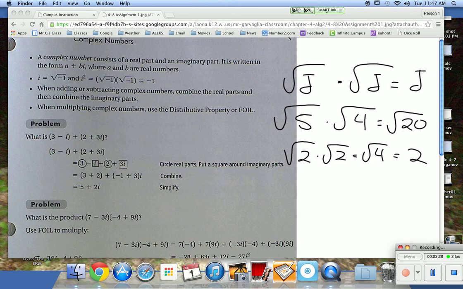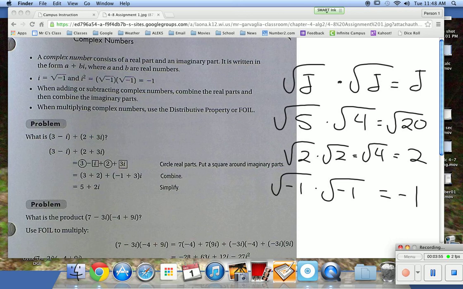But here's where it doesn't make sense. What's the square root of -1 times the square root of -1? If we multiplied them together, what's -1 times -1? 1. But that isn't the case because it's -1. It doesn't follow the rules of math.